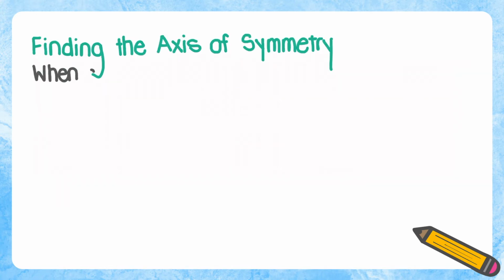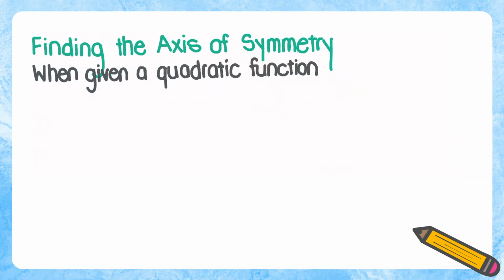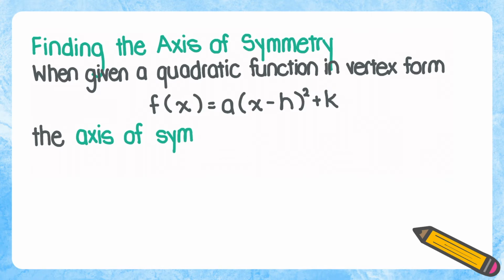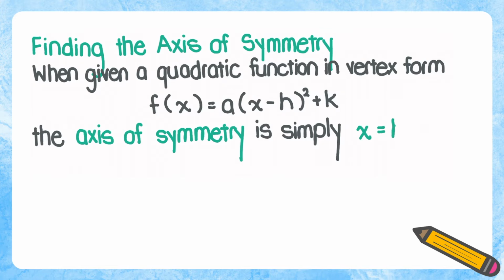When we are given a quadratic function written in vertex form, so f of x equals a times x minus h quantity squared plus k, the axis of symmetry, so our AOS, is simply given by x equals h.